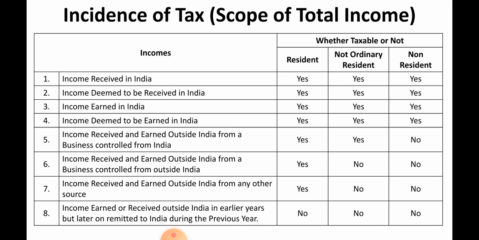In that earlier year, we don't know what was the residential status of that particular person. He may be non-resident, ordinarily resident, or not ordinarily resident. So it should be taxable for that particular year after determining the residential status of a person in that particular year.